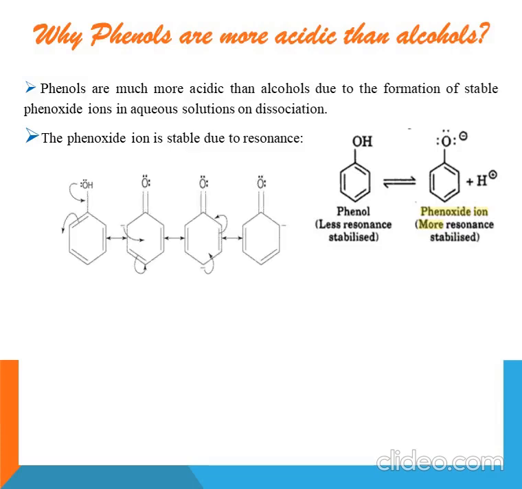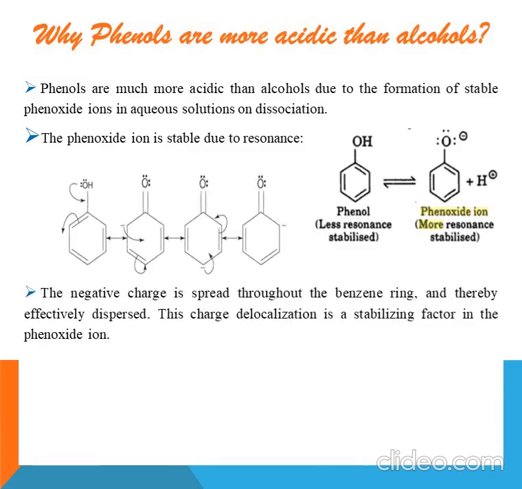These are the resonating structures, as we know. The negative charge is spread throughout the benzene ring and thereby effectively dispersed. This charge delocalization is a stabilizing factor in the phenoxide ion.